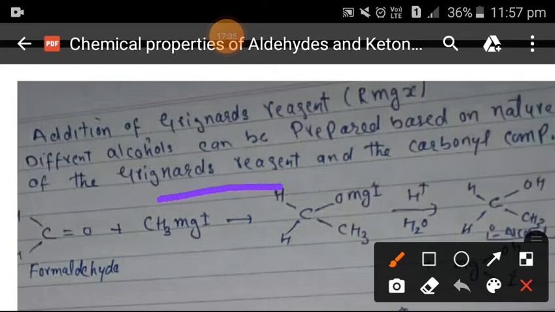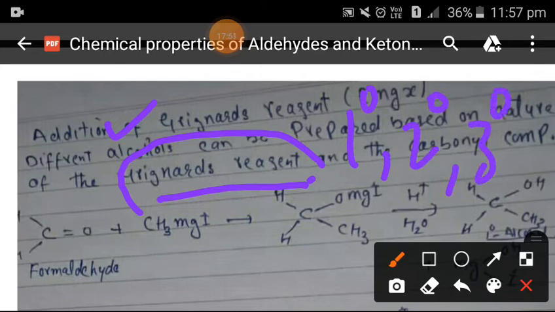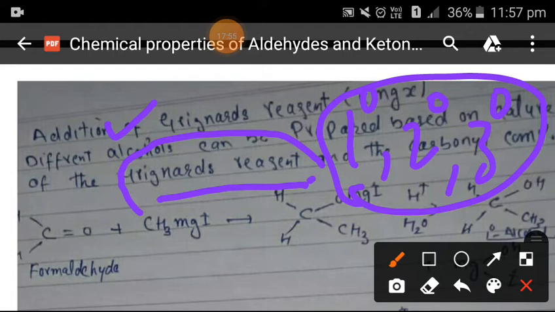So you must see here that by the addition of this Grignard's reagent, different alcohols can be formed. Primary alcohol may be formed, secondary alcohol may be formed, tertiary alcohol may be formed. It depends upon the nature of this carbonyl group, and the nature of this Grignard's reagent.